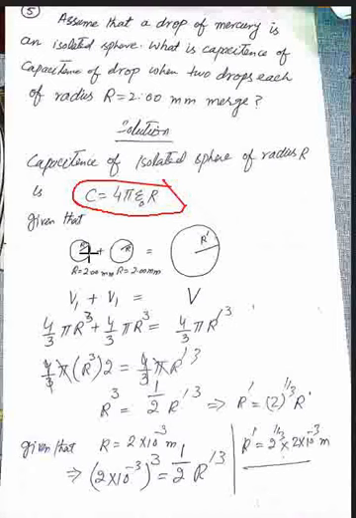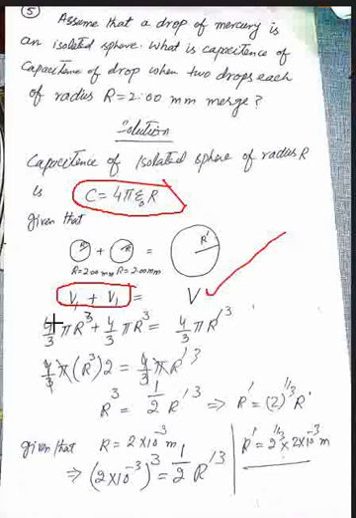Let's suppose r is the radius of the smaller sphere and r dash is the radius of the bigger sphere, and V1 and V1, because both are identical, are the volumes of the two identical spheres. They will add up, and the sum of the volumes of the smaller spheres should be equal to the volume of the bigger sphere.